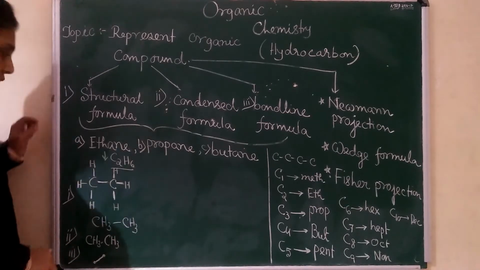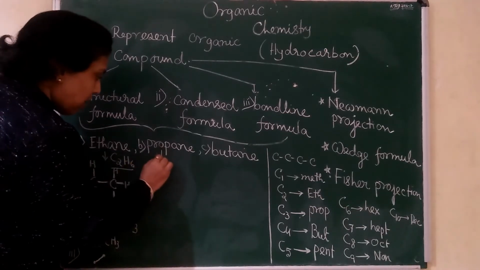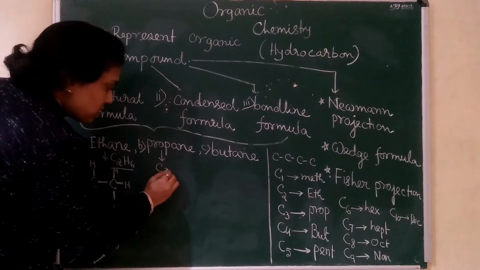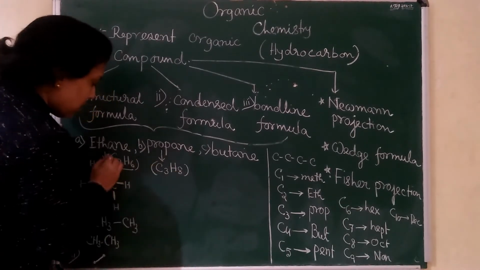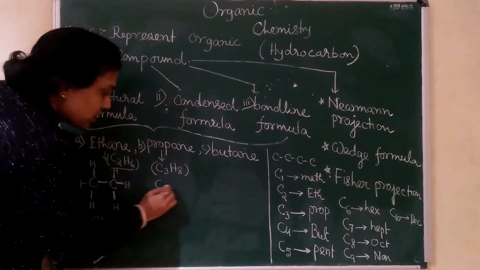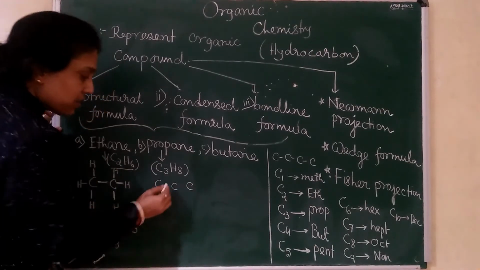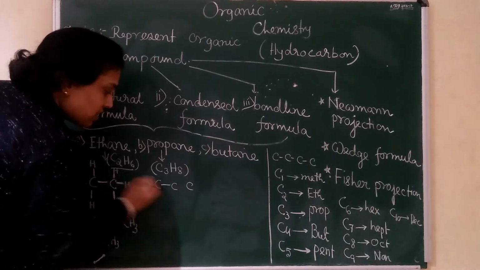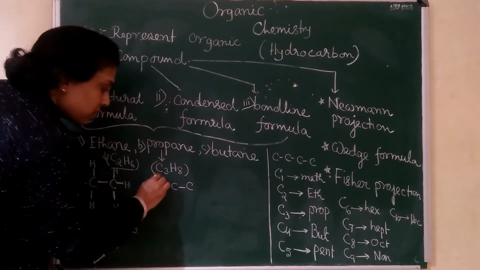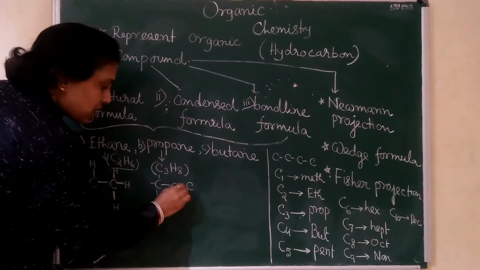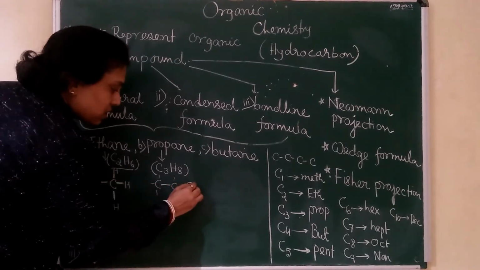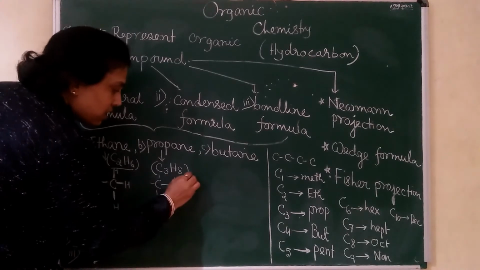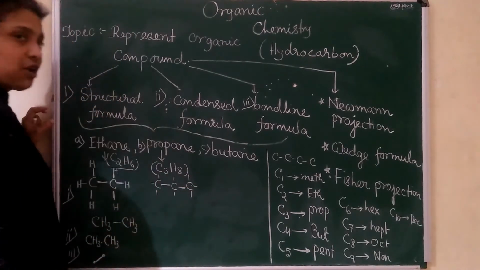Suppose it is propane. So propane, how will we show it? C3H8. Yes, it is the formula. Okay, how will we show it? 3 carbon are there. Now satisfy the hands. One hand, 2, 3, 4. This carbon 1, 2, 1, 2, 3, 4. Then this carbon has one hand out with carbon, and the remaining hands should be satisfied with hydrogen.